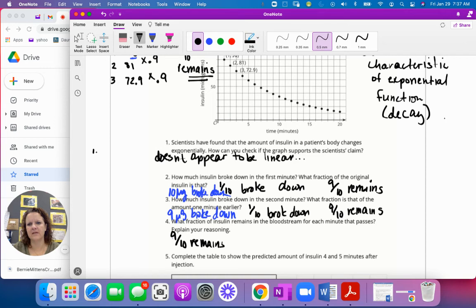I know that if 1/10 broke down, 9/10 remains, because if I add those together, I get 10/10, which is a whole.